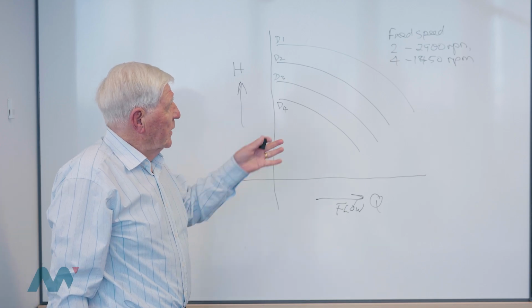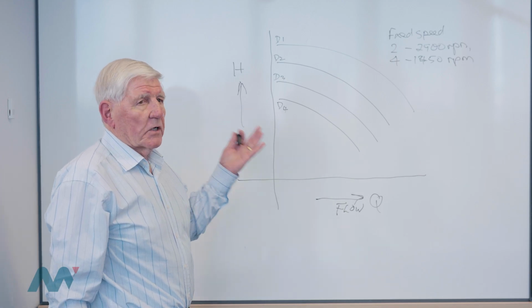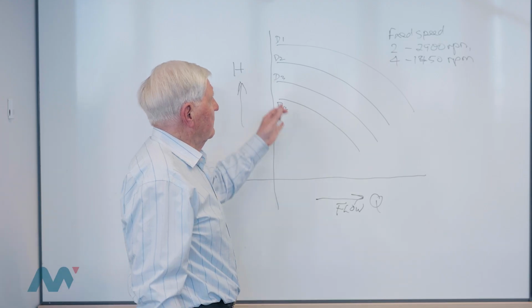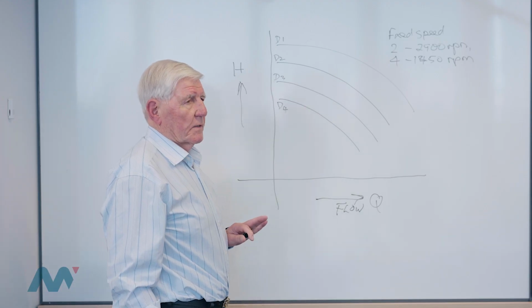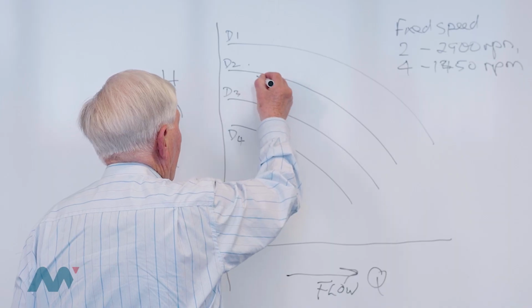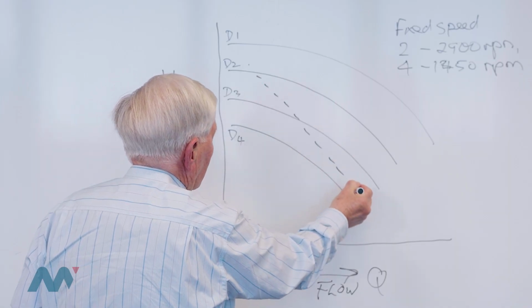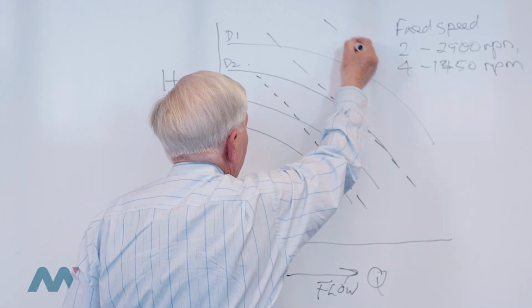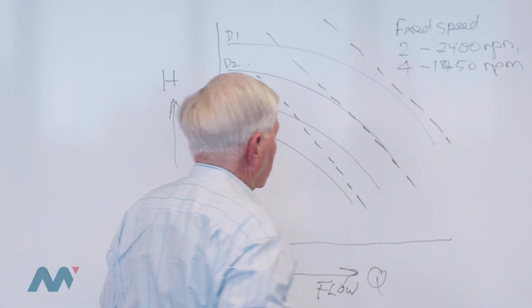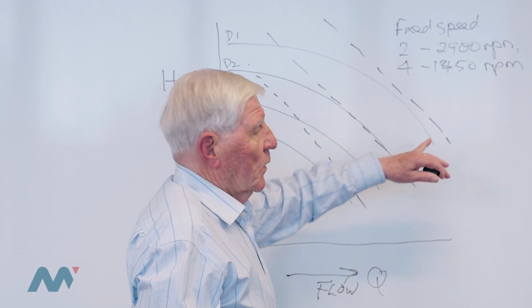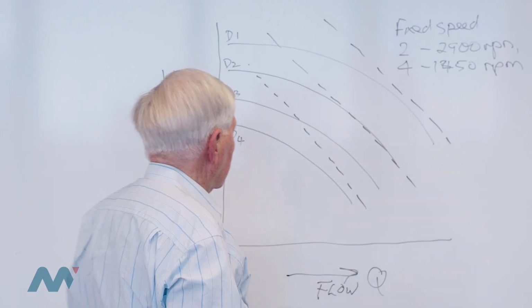We would then, when we test that, calculate what the power required is for developing these various duty points. And we would have power curves that will look like this. And the important ones are the power at best efficiency point and the power at end of curve.